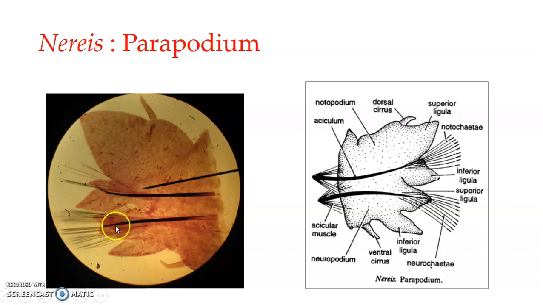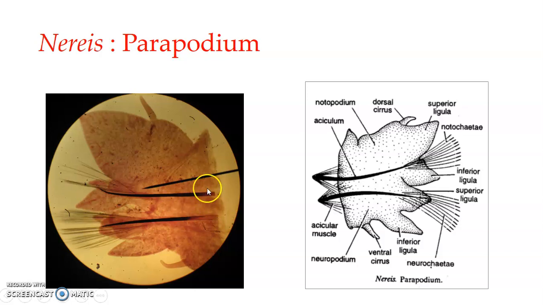On the outer side, the aciculum is associated with a bundle of setae. The setae present on the notopodium are known as the notochaetae, and this one is the neurochaetae. Each of the setae is placed in a setigerous sac, or the setal sac, and the setal sac is responsible for the regeneration of lost setae.